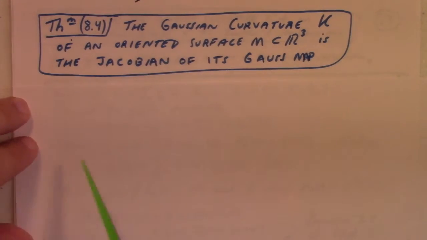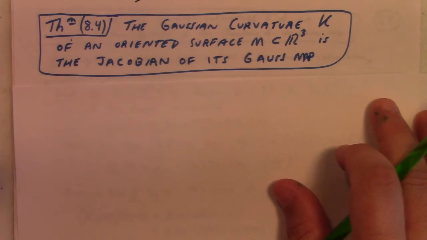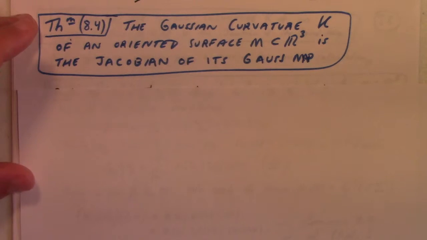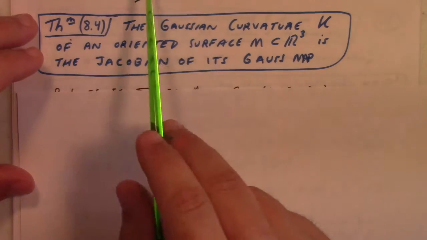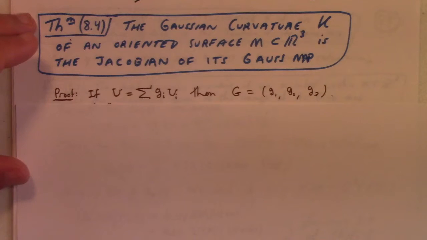Now, I have seen this given as a definition for the Gaussian curvature in other texts, and I much prefer the path that O'Neill has taken. Some people take great geometric comfort in this definition, and to each his own, but anyway, let's make the connection now.